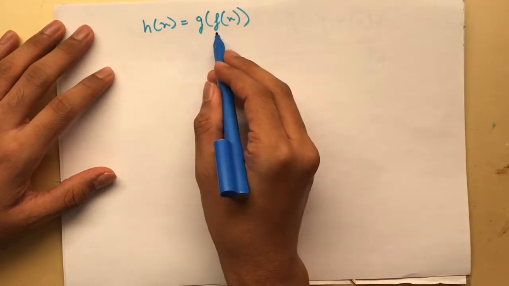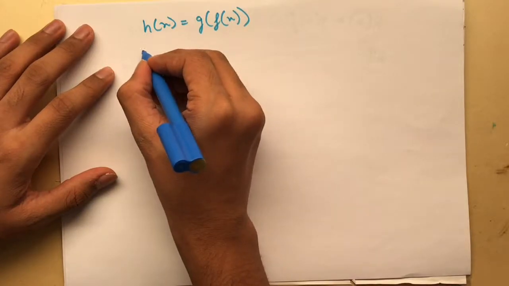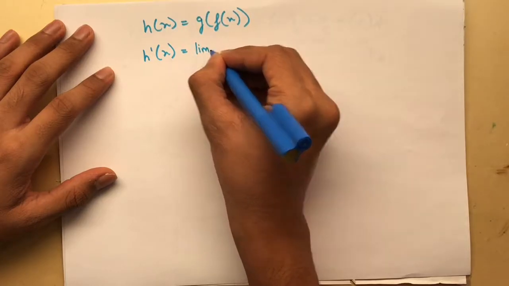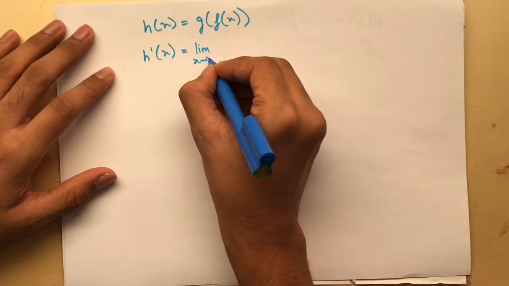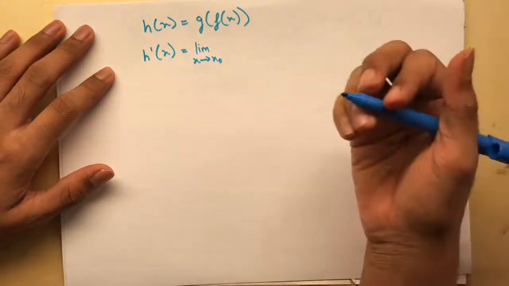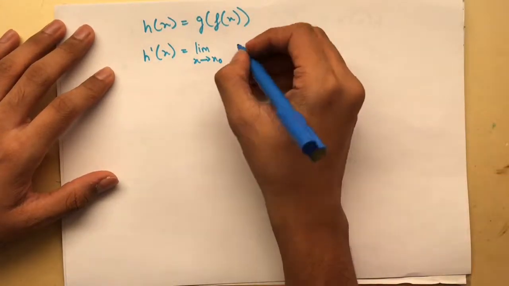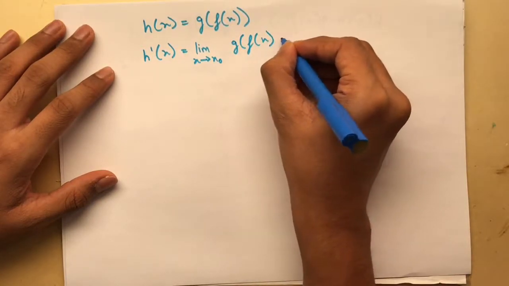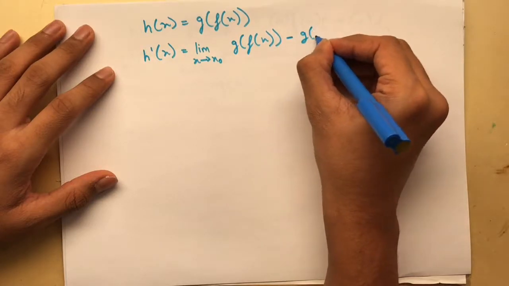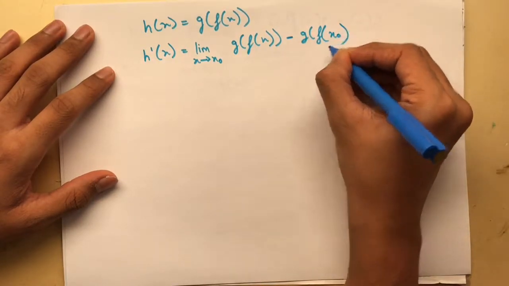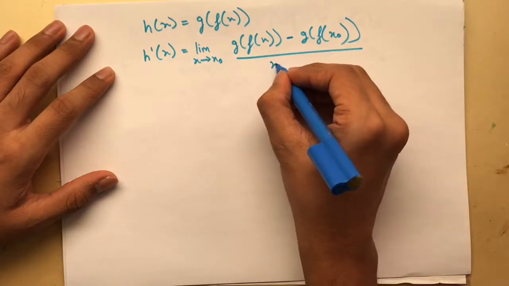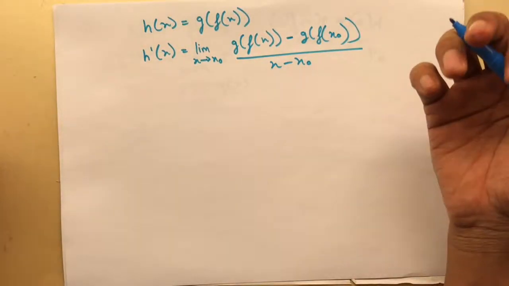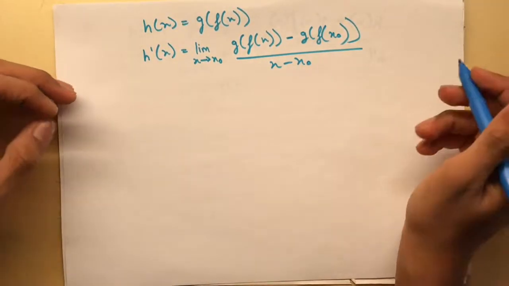So if we assume that h of x is equal to g of f of x, then the derivative of h of x, using the limit definition of a derivative, would be, as x tends to a particular x value, that is x sub 0, which I'm going to be calling x0 from now on, the limit of g of f of x minus g of f of x0, over x minus x0, so as this, which is the slope of it, as x tends to x0.